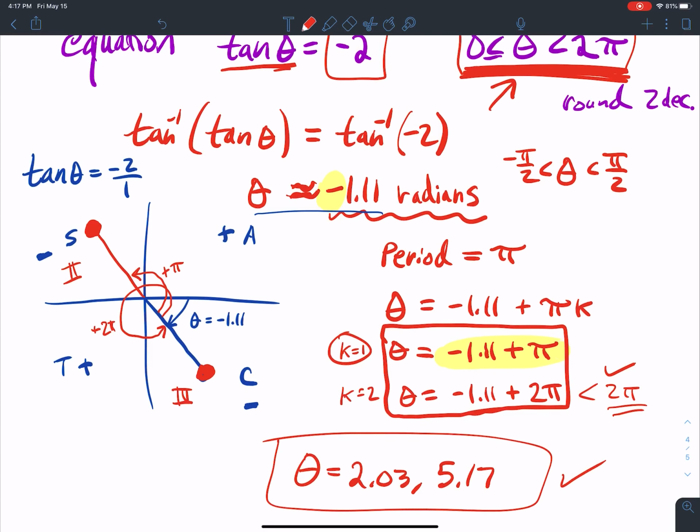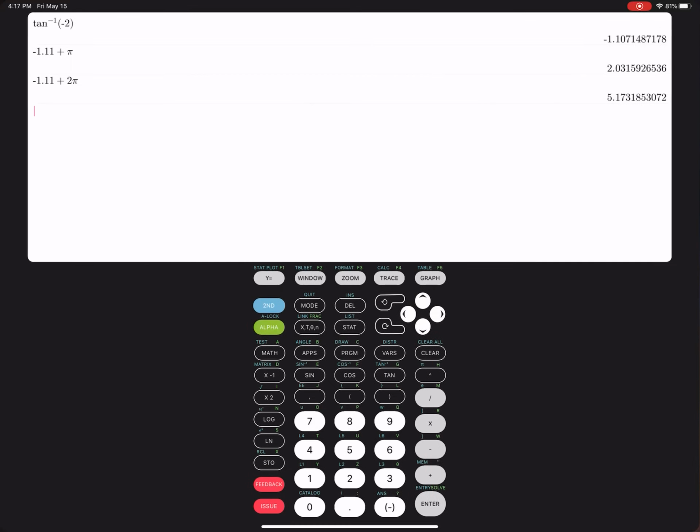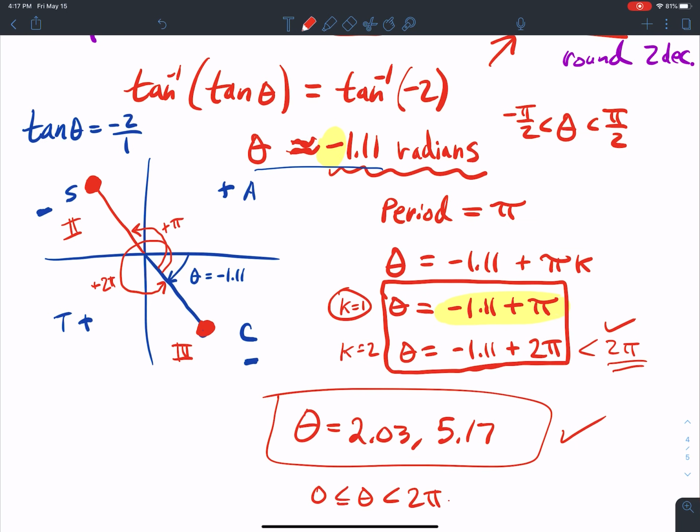And so is this between 0 and 2 pi? Remember 2 pi is simply 6.28 roughly. Those values definitely are between 0 and 2 pi.